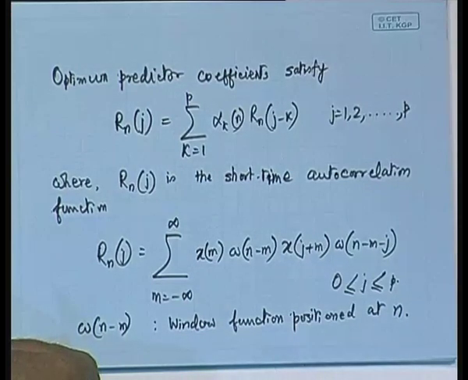But normally what happens is that the speech parameters do not change very frequently; rather, they change quite slowly. That is why even these estimates of these alpha vector elements could also change in a relatively slower way.